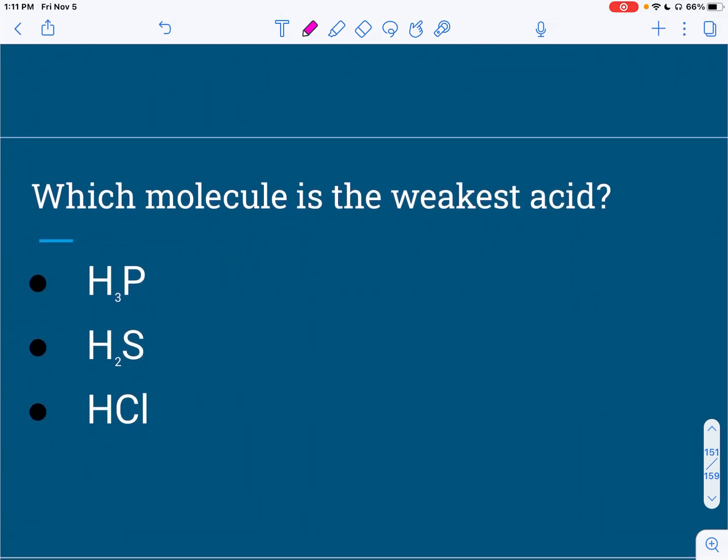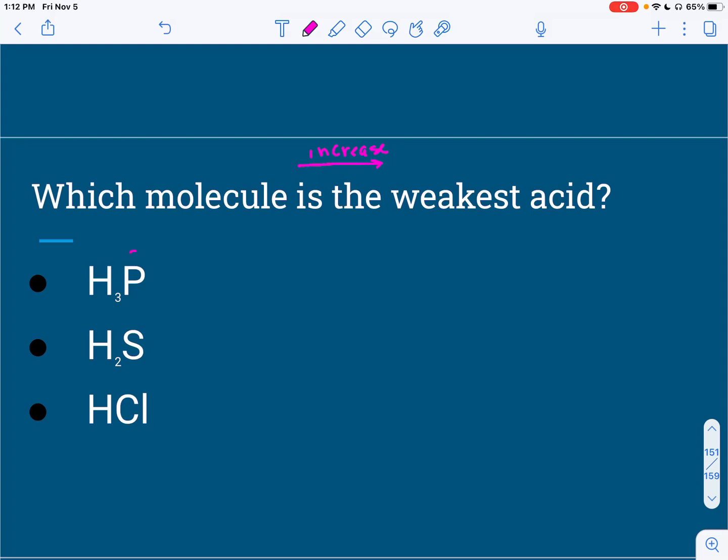So that's oxyacids. Now let's talk about our binary acids. If we're looking across a period, the acidity of binary acids across a period is going to increase. And that's because of electronegativity.